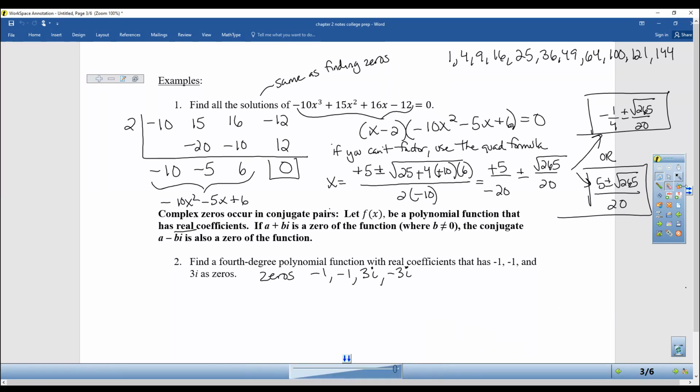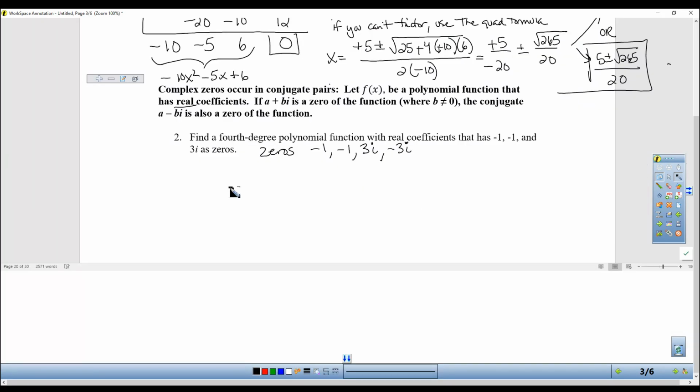So let's actually write our polynomial now. f of x is equal to x plus 1, because it's minus the minus 1, and I'm not going to write it twice. I'm just going to write squared. And then times x minus 3i, and then x plus 3i.